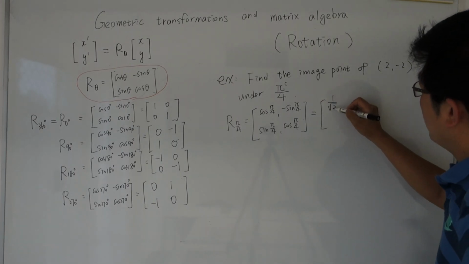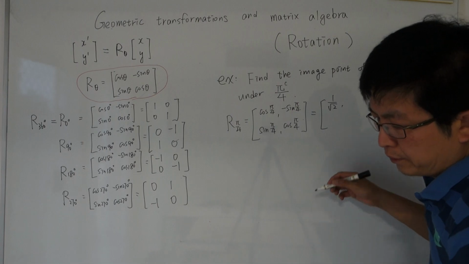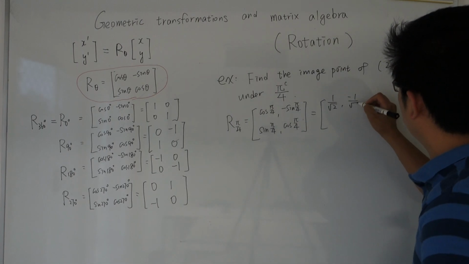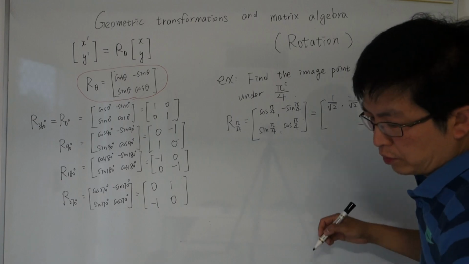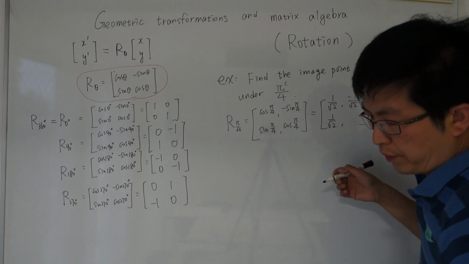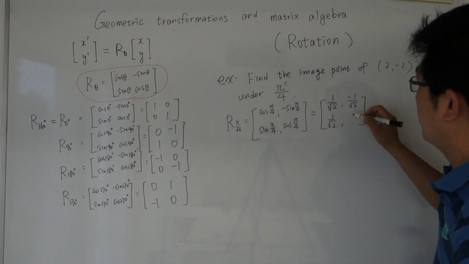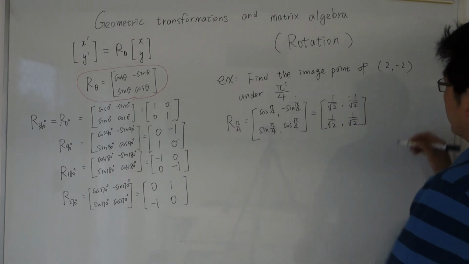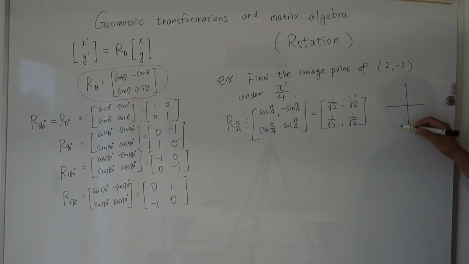So equal to 1 over square root 2, negative 1 over square root 2, 1 over square root 2, and 1 over square root 2. Okay, because on the unit circle pi over 4 is 1 over square root 2, right?